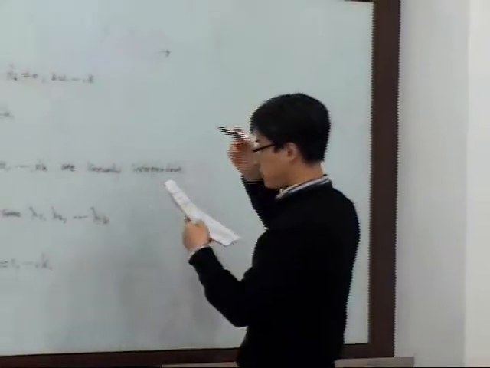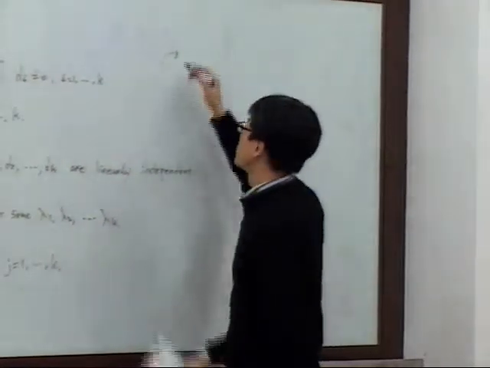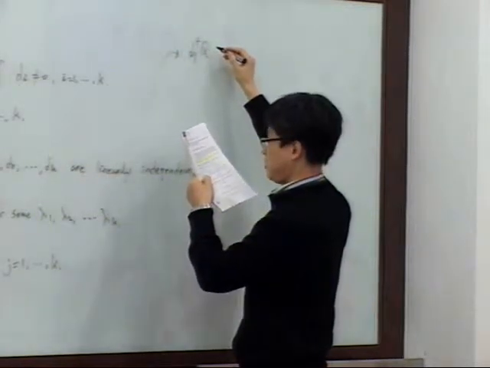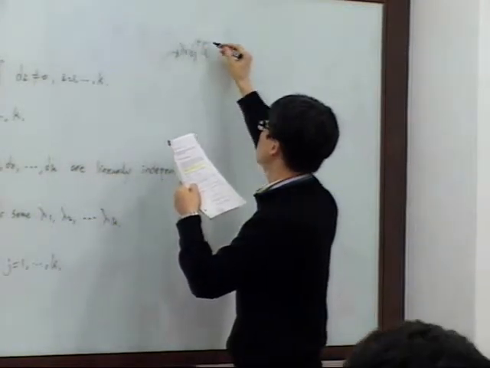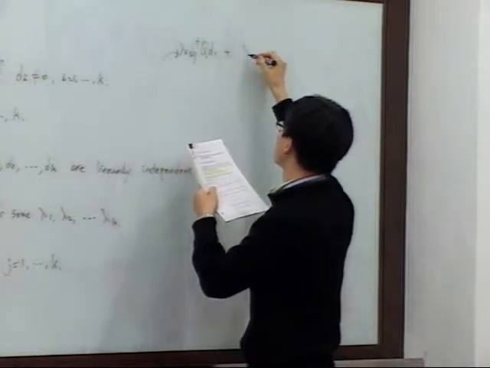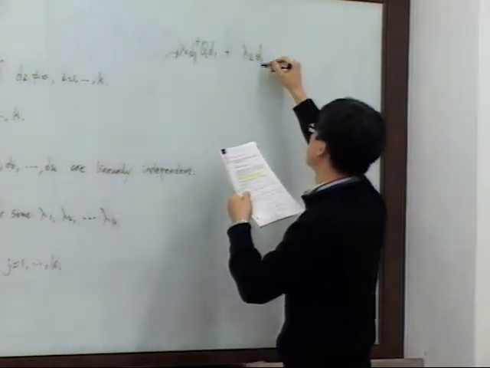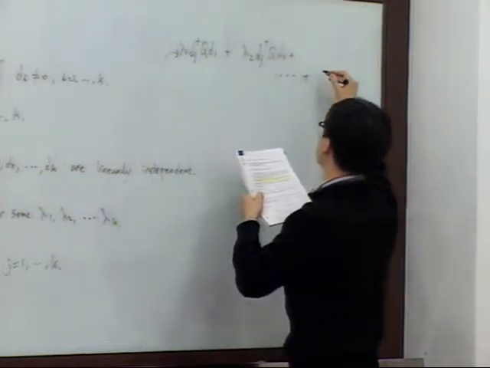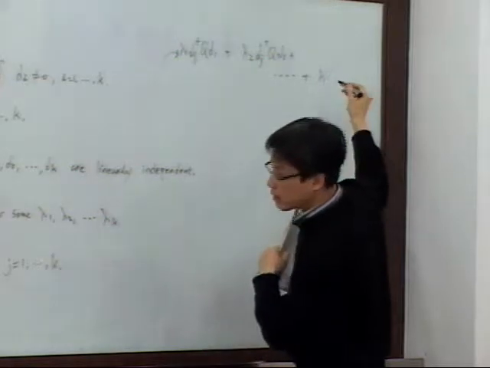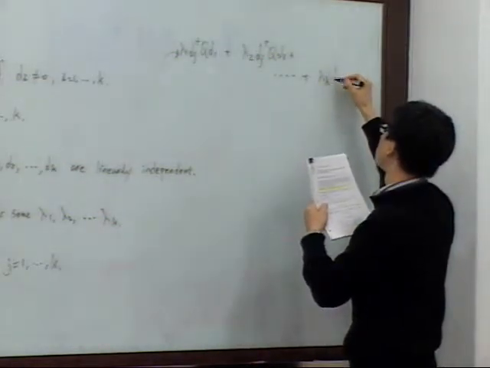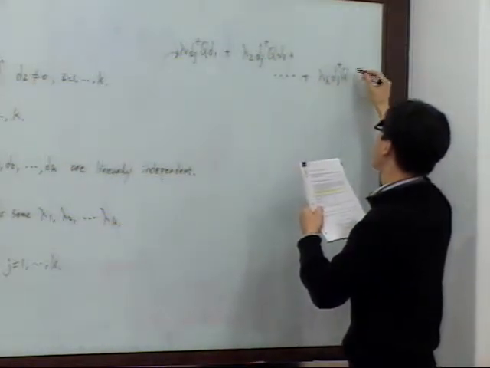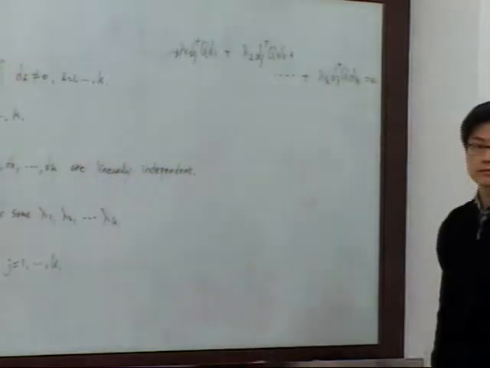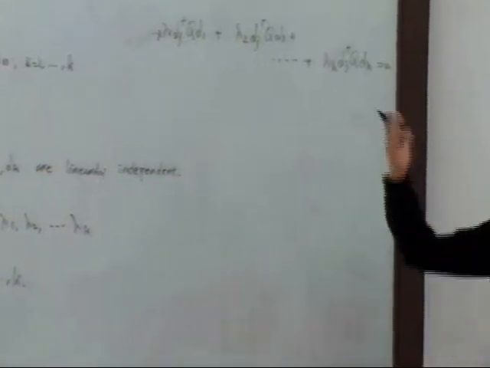If you evaluate it, it's nothing more than lambda 1 ej transpose Q e1, plus lambda 2 ej transpose Q e2, up to lambda k ej transpose Q ek. Right? Because lambda is a scalar.